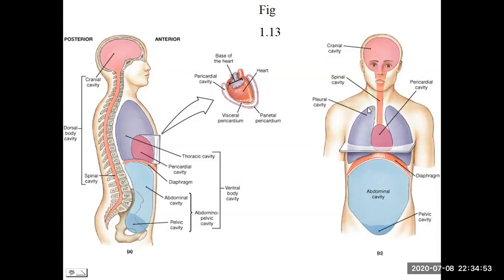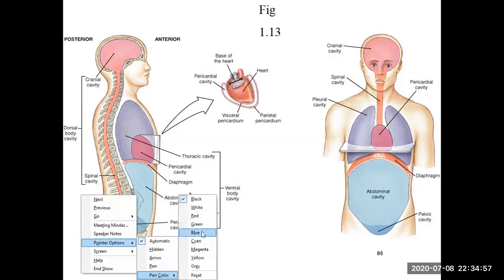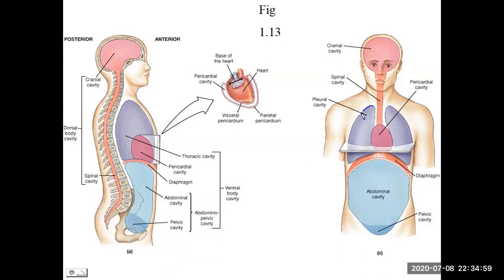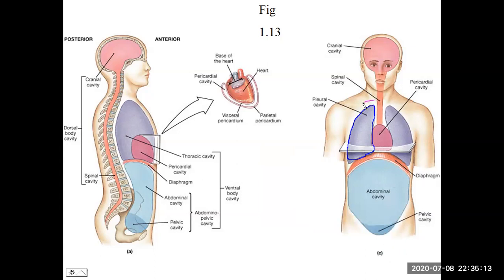So a visceral pleura, and we could try to draw this in. A visceral pleura would be attached directly onto the lung. So we'll try to draw that in blue. And then a parietal pleural membrane, just slightly offset. This would line the wall of the pleural cavity. So that would be the second layer of that membrane, kind of like so.